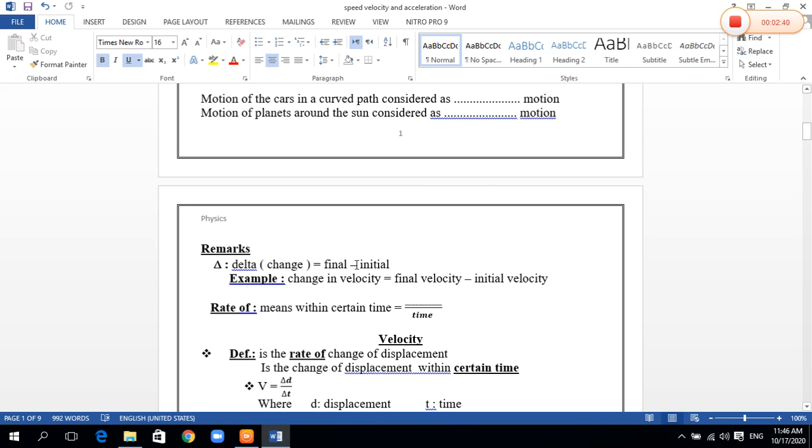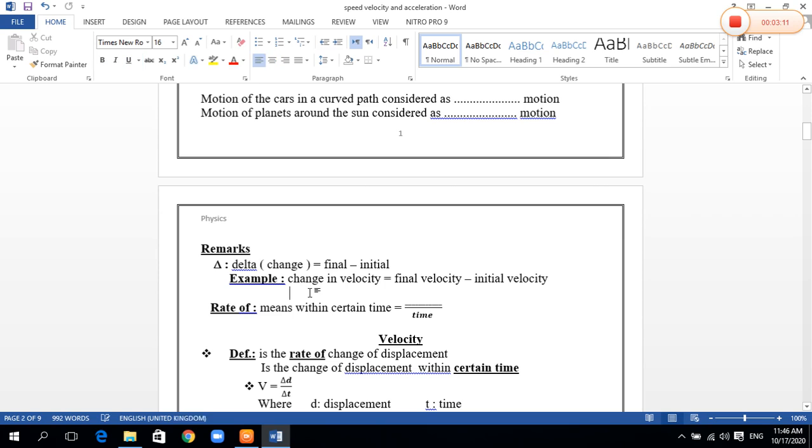For example, if an object moves with a specific velocity, starting with a slow velocity that increases with time, speeding up, then the final velocity minus the initial velocity is called the change in velocity, and is represented by delta. Delta V equals V final minus V initial.